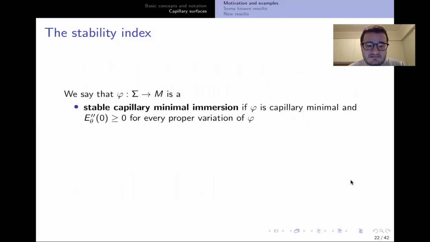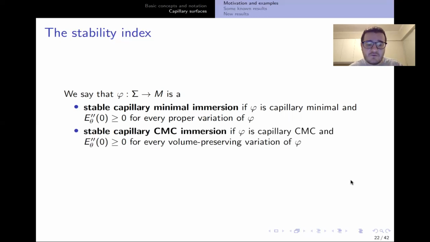we say that the immersion is a stable capillary minimal immersion if, first, it's capillary minimal, of course, and if its second variation of energy is non-negative for every proper variation. So it means that in whatever way we perturb sigma, the energy does not decrease up to second order.